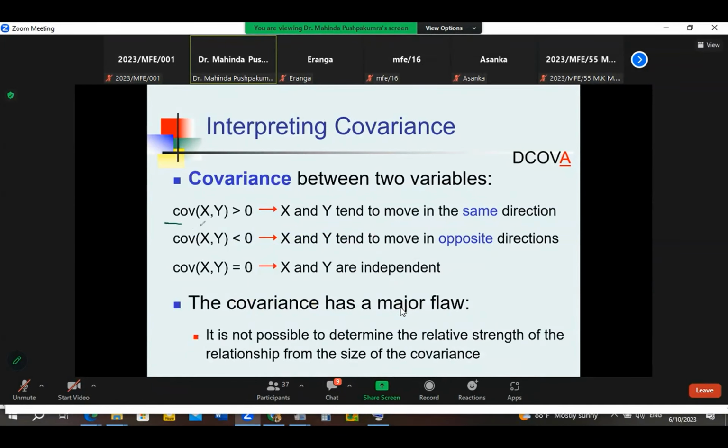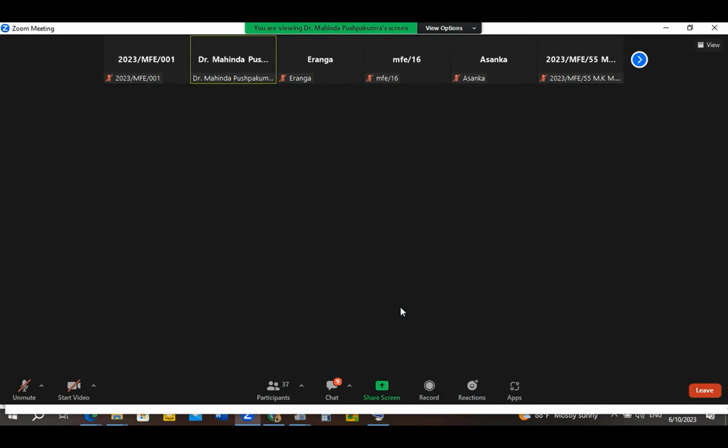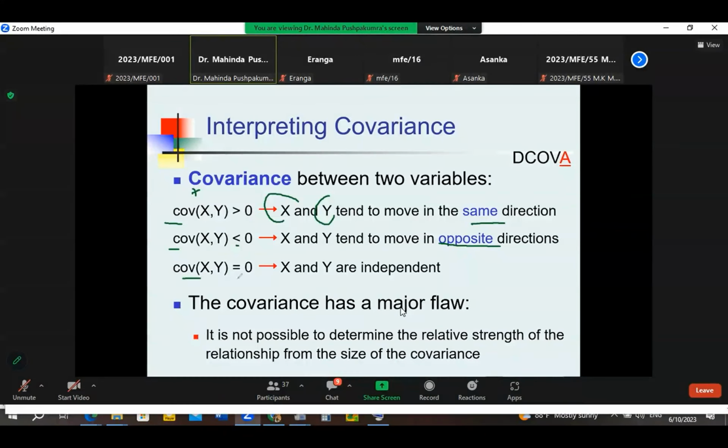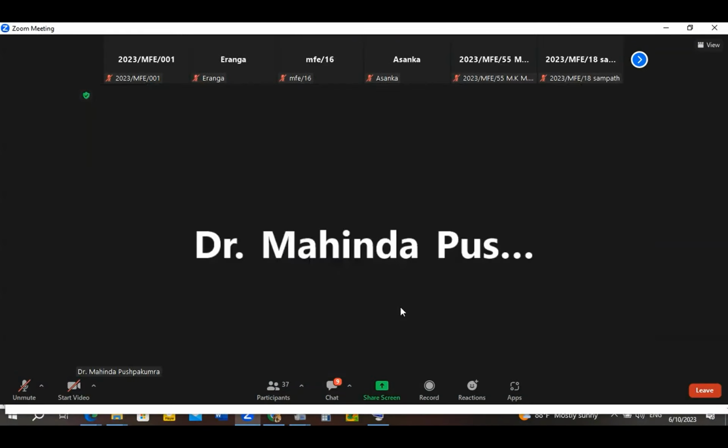When the covariance is positive, the 2 variables change in the same direction. When the covariance is negative, the 2 variables change in opposite directions. When the covariance is 0, X and Y are independent. Sometimes you may wonder why, when the covariance is positive, both change in the same direction, and if it is negative, the 2 variables change in opposite directions. I can further explain this concept with an example.